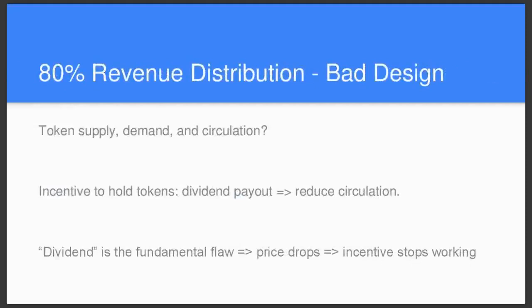However, what caused the huge drop in trading volumes? The reason is that they had another kind of token design, which is the 80% revenue distribution. Anytime you have a token design, you want to manage token supply, demand, and circulation.